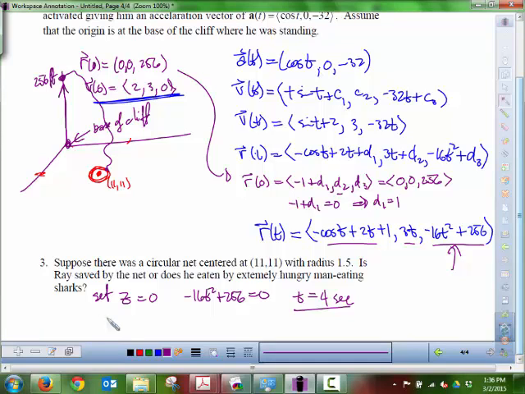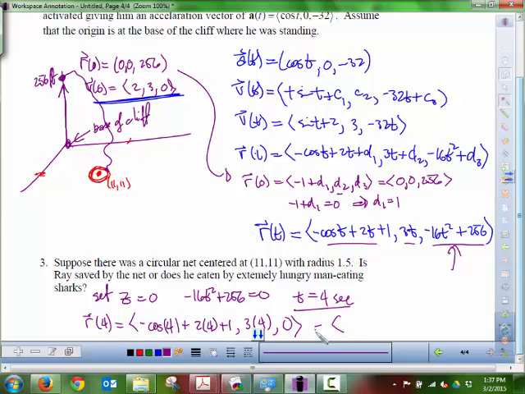So let's see where exactly at sea level this person is going to be. r of 4 is going to be negative cosine, and let's go to radians here, 4 radians, plus 2 times 4 plus 1, comma 3 times 4, comma, and we know that's going to be 0, right?